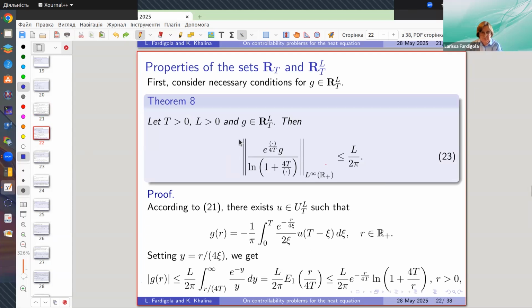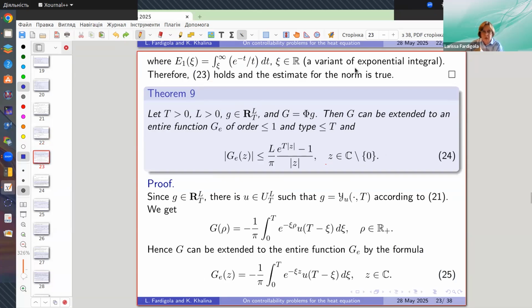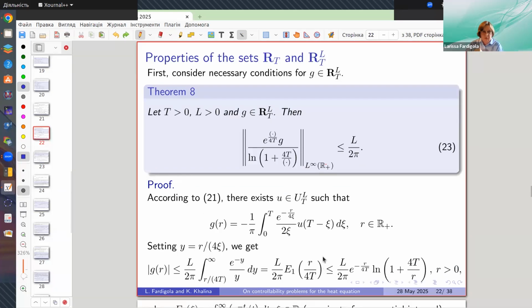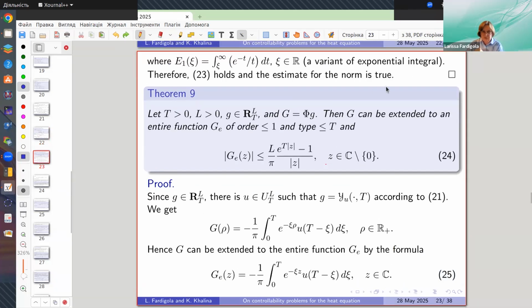We can say that if G belongs to both R TL, then this function has the following estimate. This estimate can be obtained directly from the representation for G, using the exponential integral and estimates for this exponential integral.